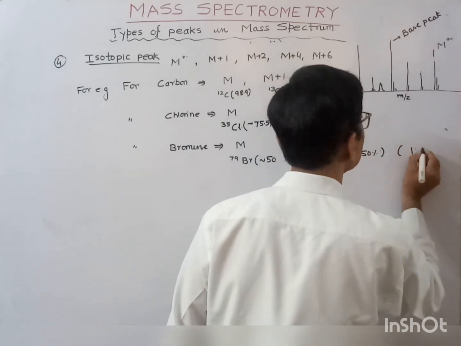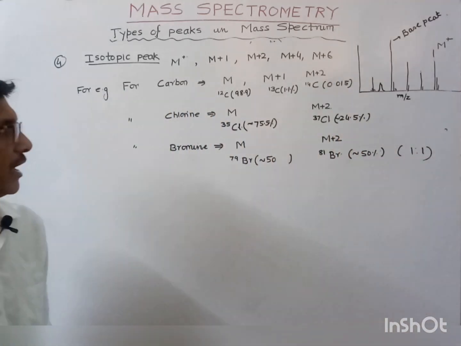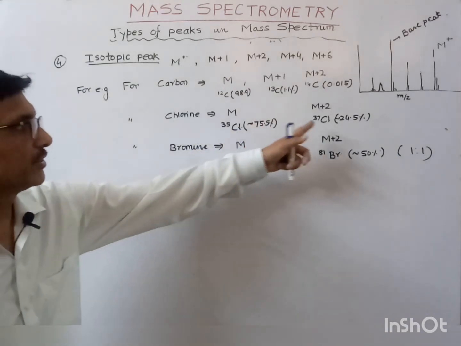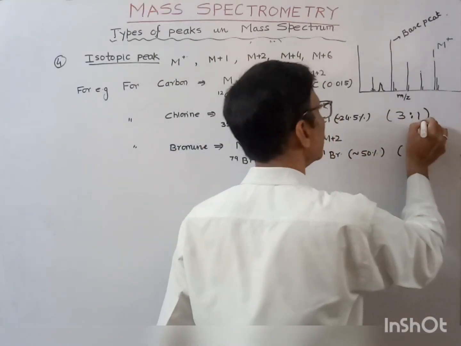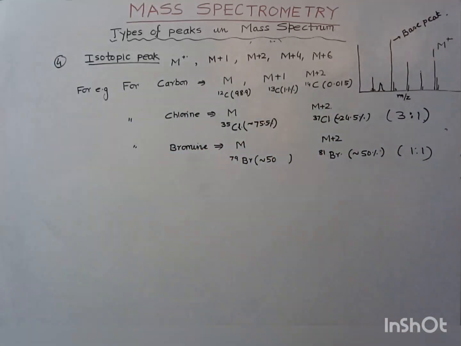And here for chlorine, this is a 3:1 ratio of these two isotopes.